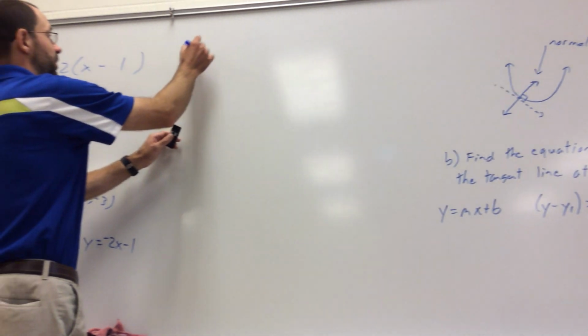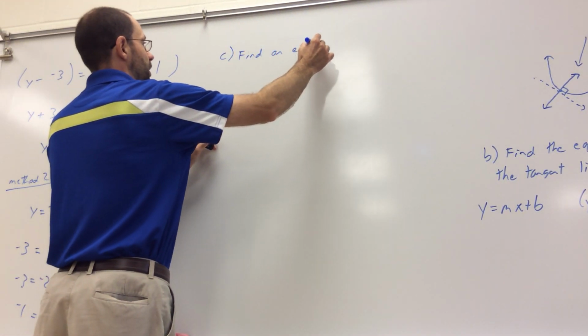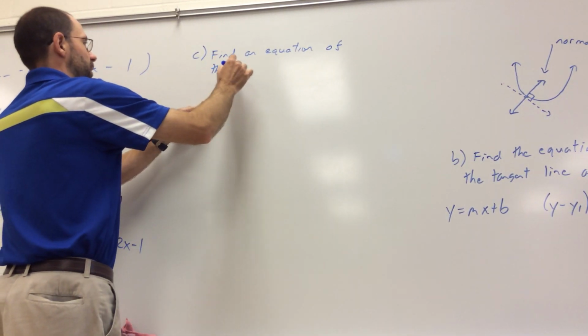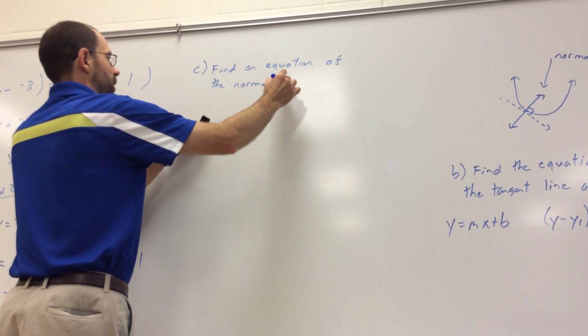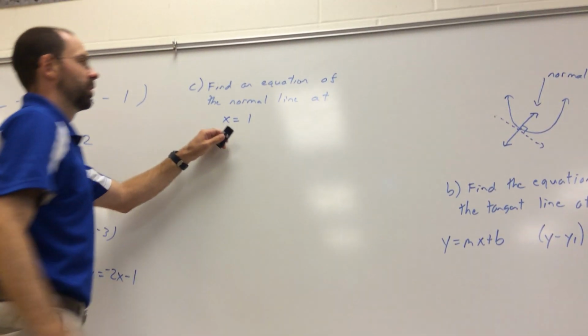Okay, so for part C, we're going to find an equation of the normal line at x equals 1.